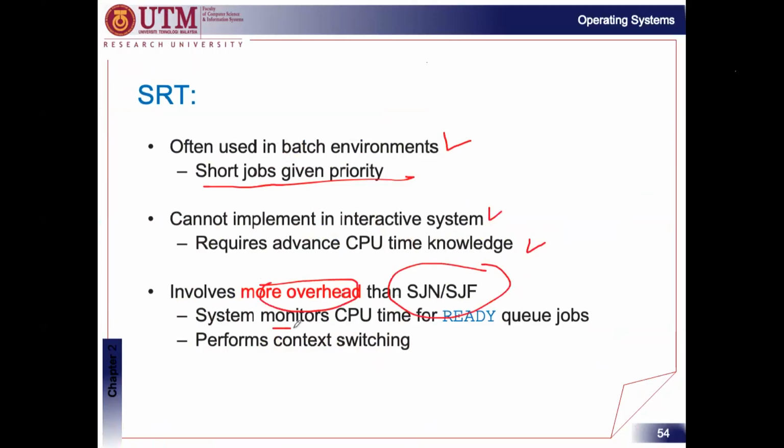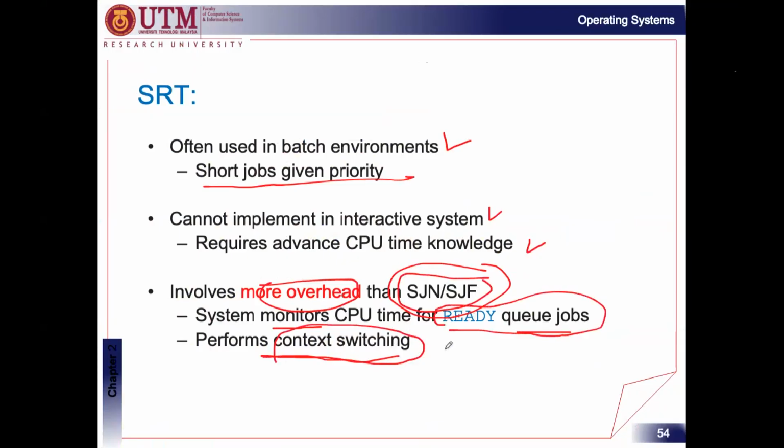The system monitors CPU time for ready queue jobs and performs context switching. So it involves more overhead compared to SJN because there is context switching, always changing, and also monitoring CPU time. They need to keep on monitoring CPU time for ready queue jobs.